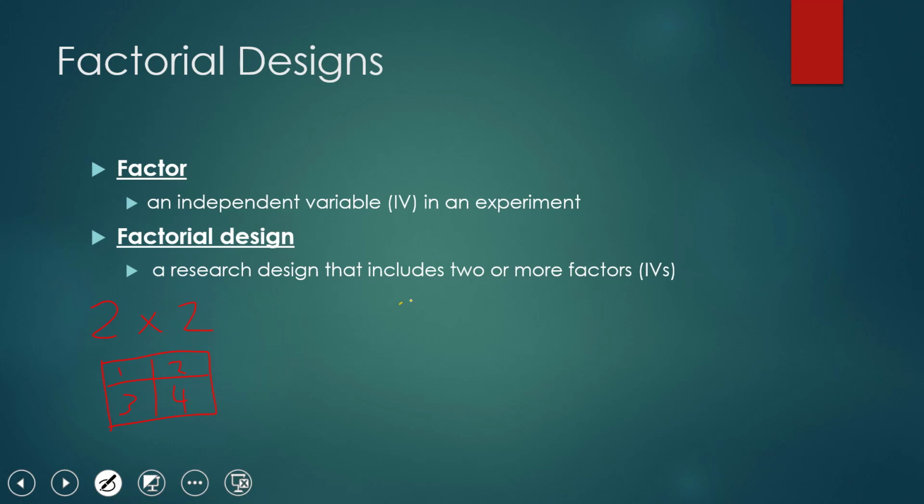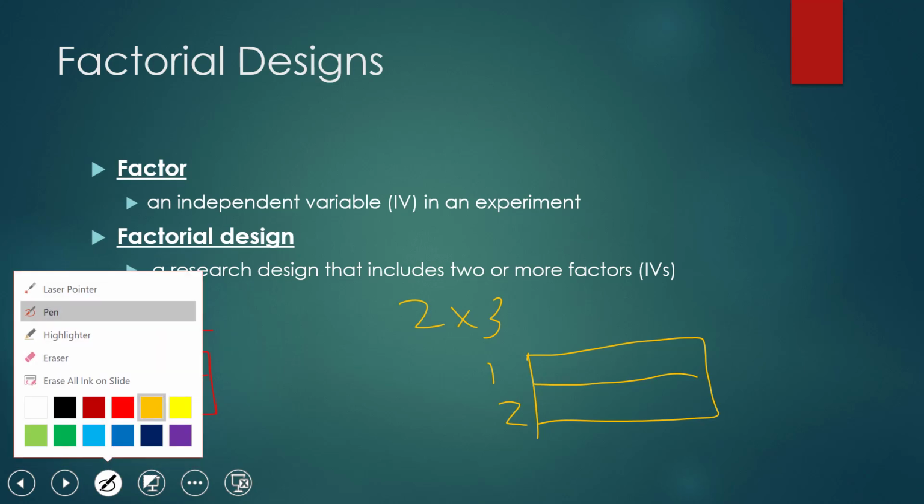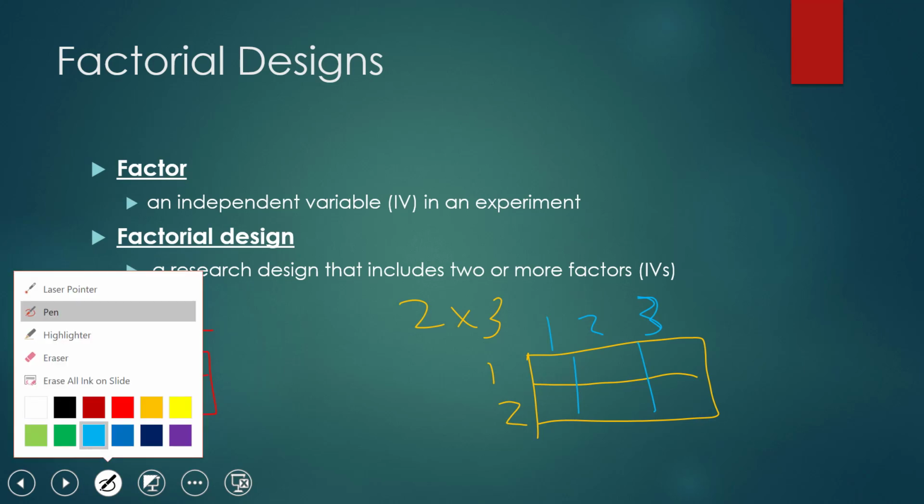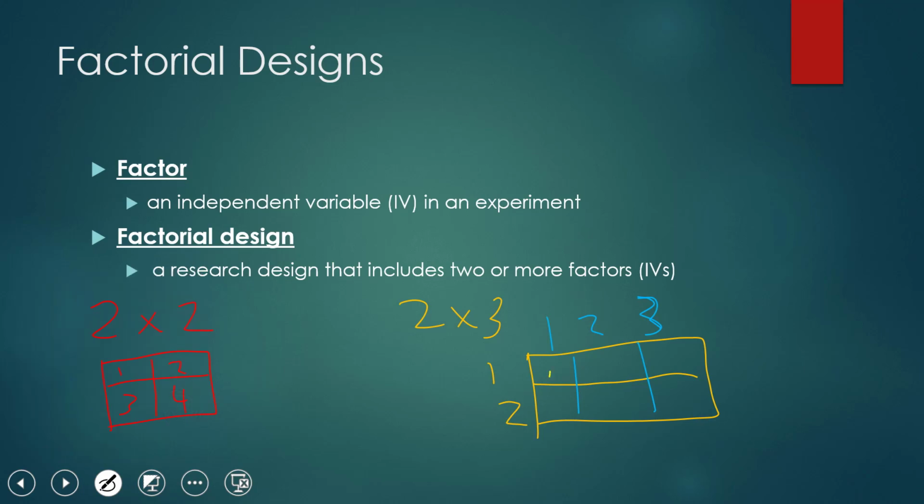So if you were to have a 2x3 study, you would have one variable here, and 1, 2, 3 levels of a second variable, giving you 1, 2, 3, 4, 5, 6 different conditions.